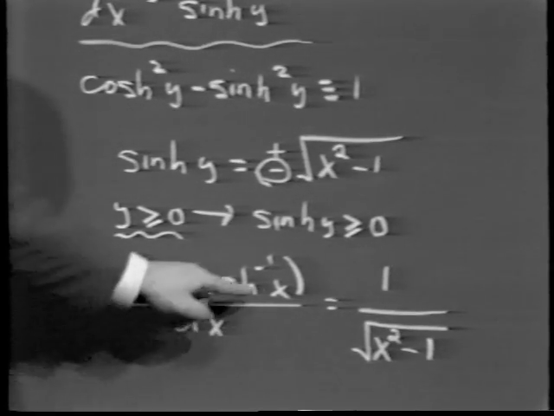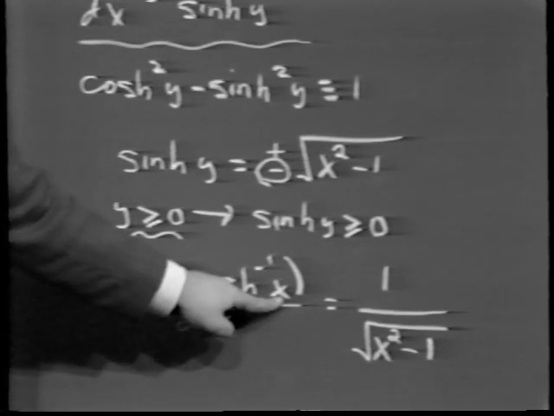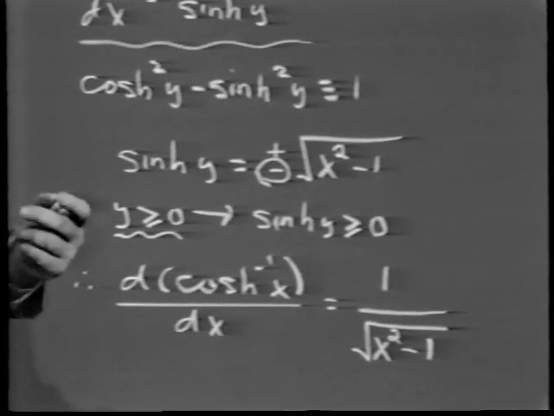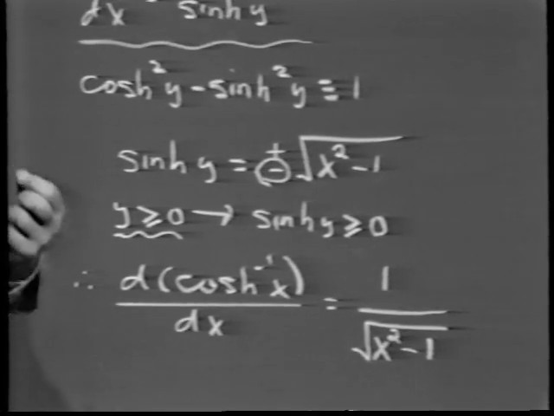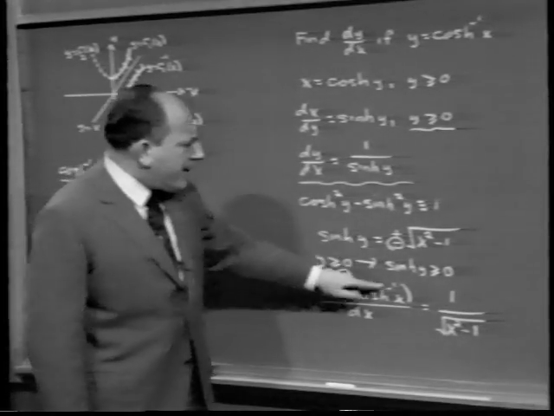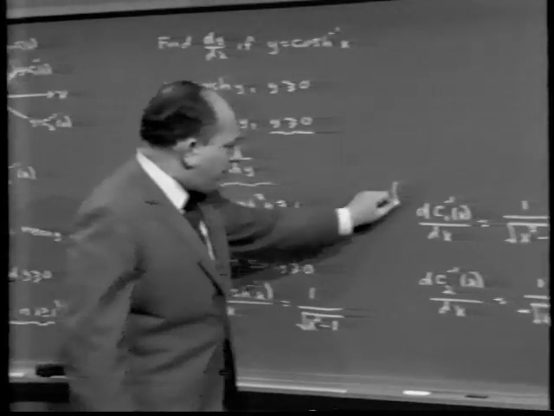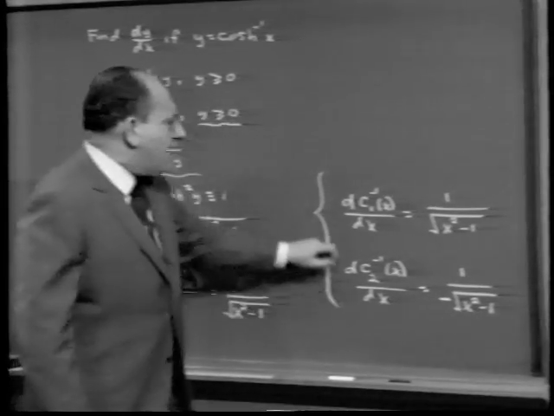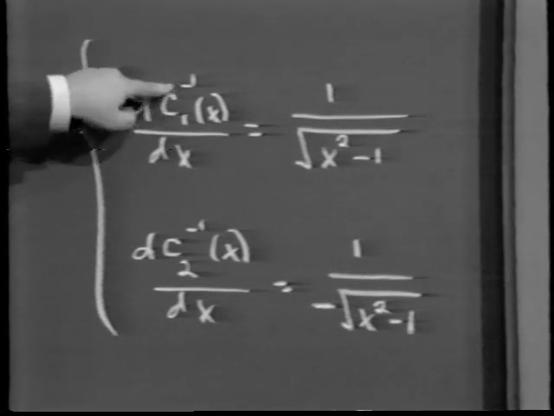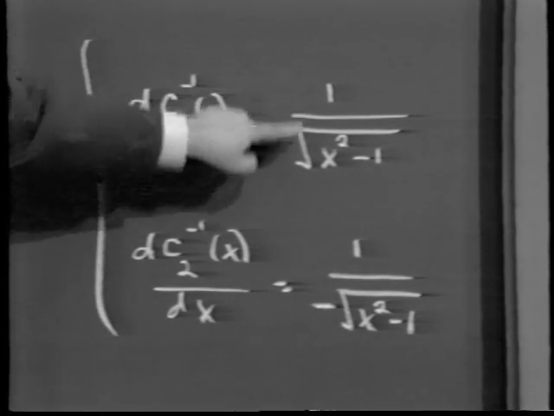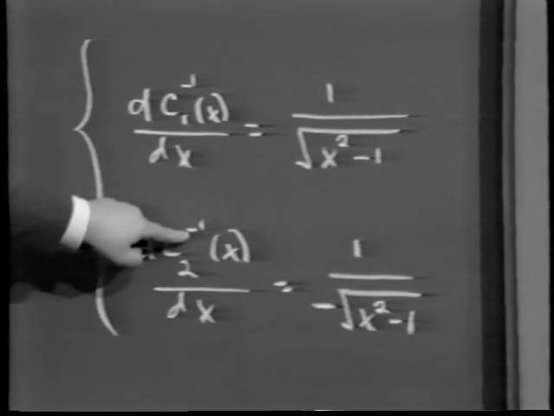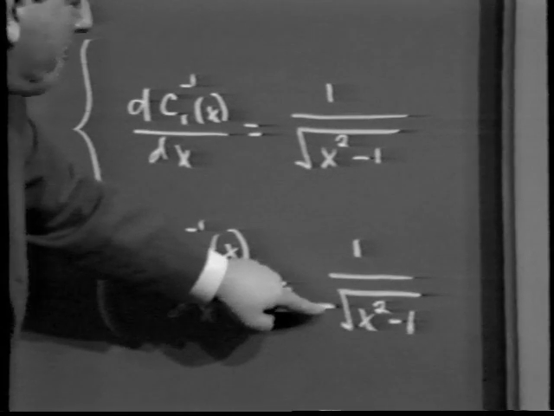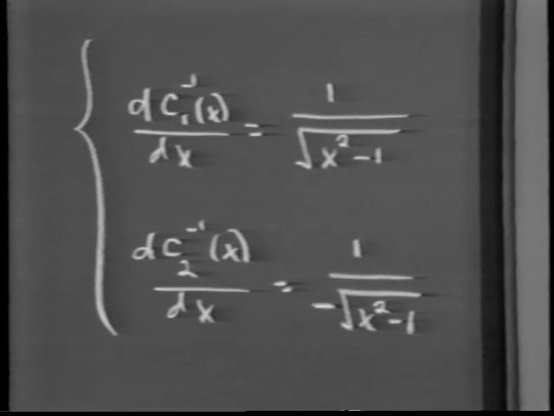Now, again, there's no law that says that a person couldn't have been on the negative branch of this curve. In other words, if all you mean by inverse cosh is the inverse of cosh with no restriction to branch, what we've really proven is this, and let me summarize on this particular point: the derivative of cosh-1 inverse is 1 over the square root of x squared minus 1. The derivative of cosh-2 inverse is 1 over minus the square root of x squared minus 1.